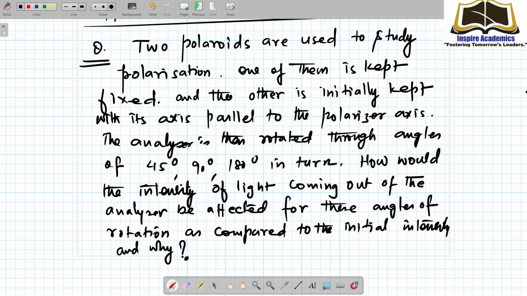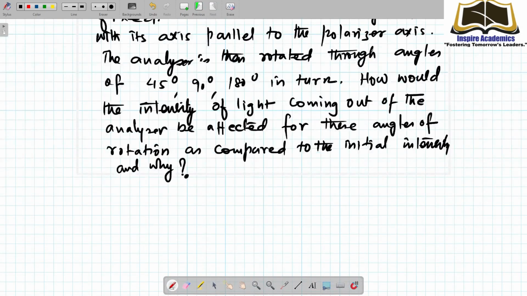So tell me, how would you like to visualize this problem? What will be your first understanding? You will use Malus law. What is Malus law? I becomes I naught cos square theta, right?